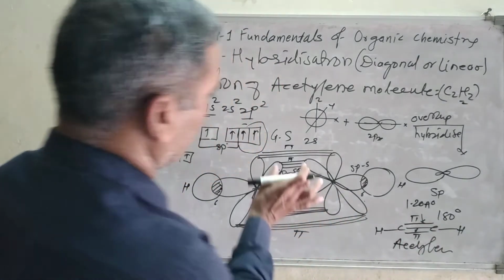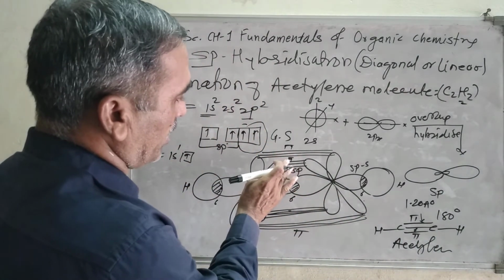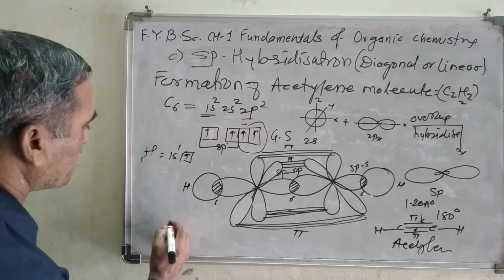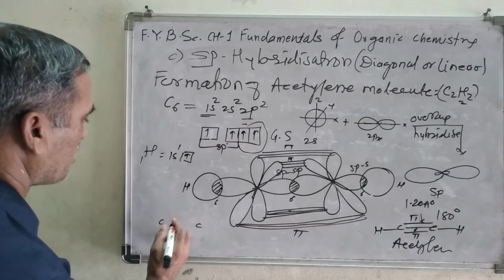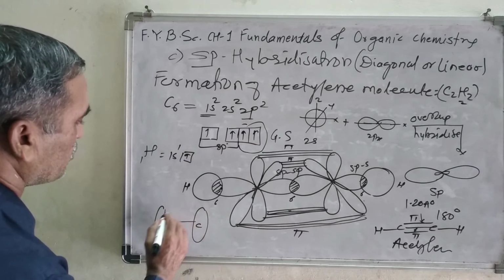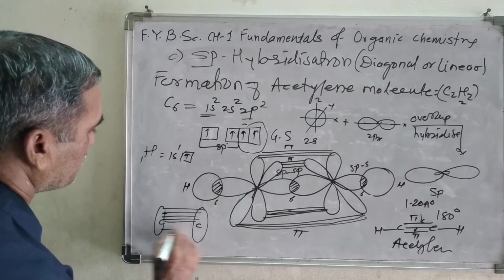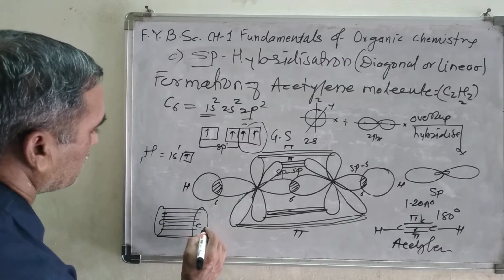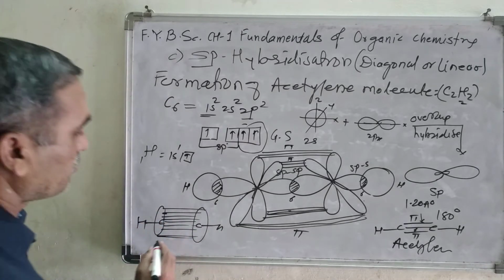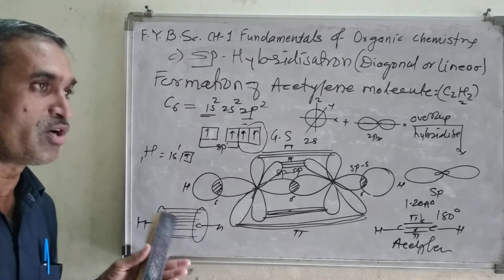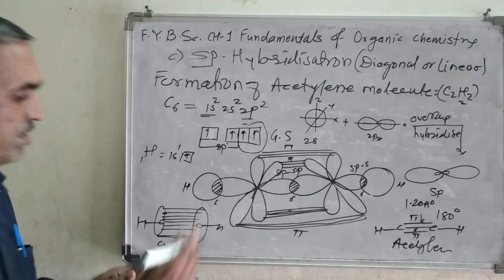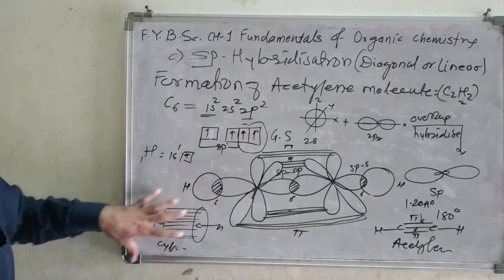Now look at here, the electron density spreads like a cylinder. Suppose this is a carbon atom here, another carbon atom, we can draw the cylinder like this. So this is the electron density spread along this. This is a hydrogen atom here, this is a hydrogen atom, meaning the electron density spreads cylindrically here, and this molecule looks cylindrical, right?